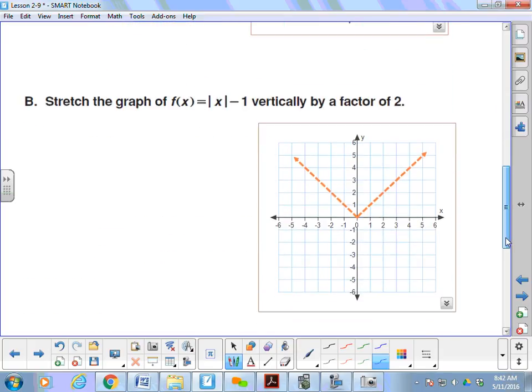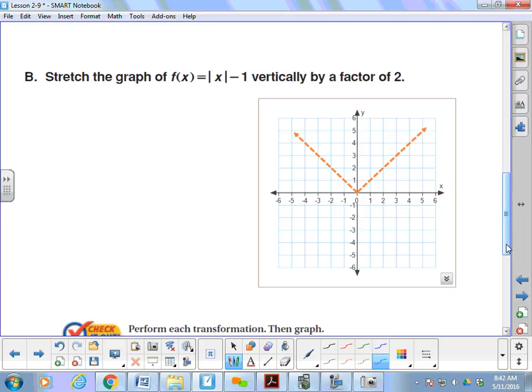All right, so look at another one. Letter B, they want us to stretch the graph of f of x equals absolute value of x minus 1 vertically by a factor of 2. So I'm going to move my graph here.